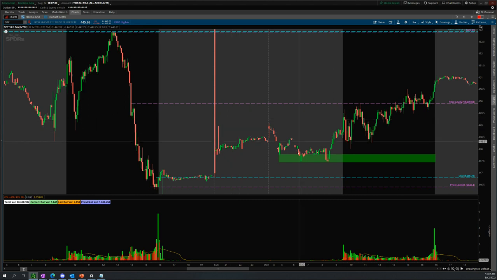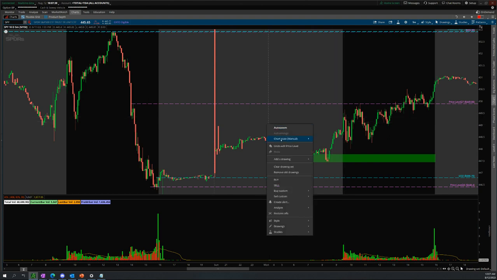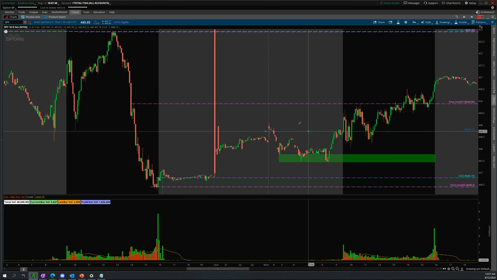I noticed price rallied into this 449.88, and I feel like 450 is a psychological level anyways, a whole number. Price rallied past pre-market high, but I did not get a nice break and retest off this level. I always identify pre-market high, the highest price in pre-market, and I want to see if buyers defend it.